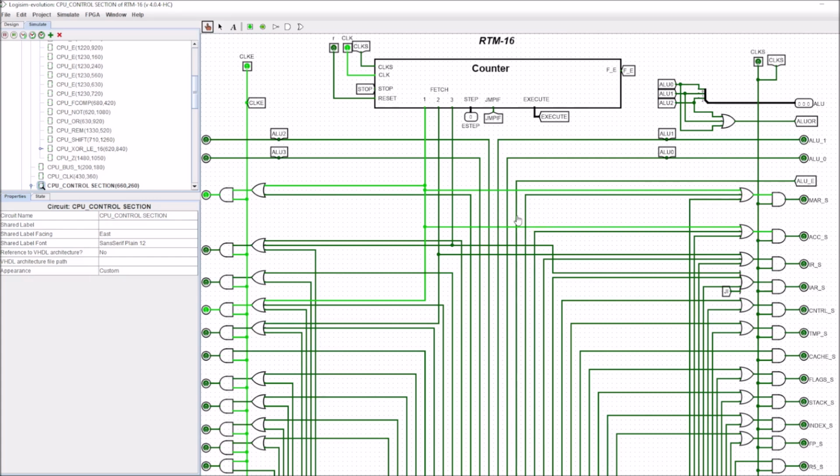So we had this extra line left over, and this extra line was originally used for the carry in and carry out circuitry. But we weren't using the carry in, carry out, and I've got rid of it.